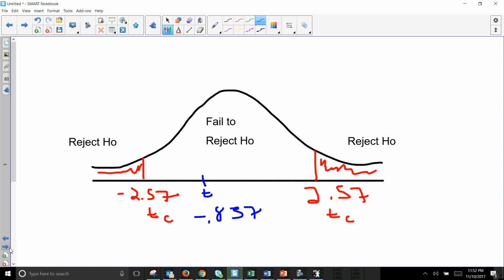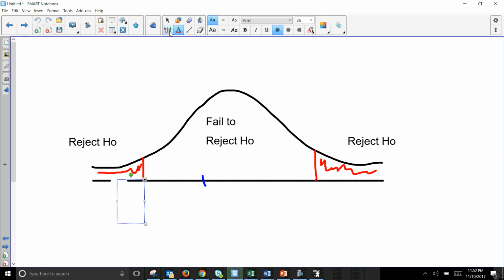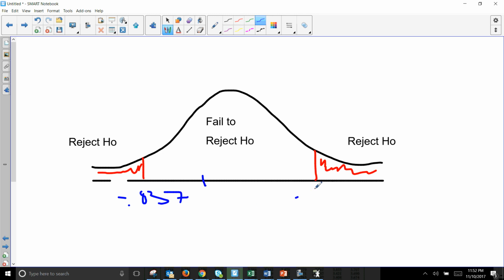The other way you can do a test is with the p-value, and I'll just show you that real quick. I'll just erase these. Here we calculated the test statistic. Let's just say this was, and this is not to scale, but you get the idea, negative 0.837, and this was 0.837.